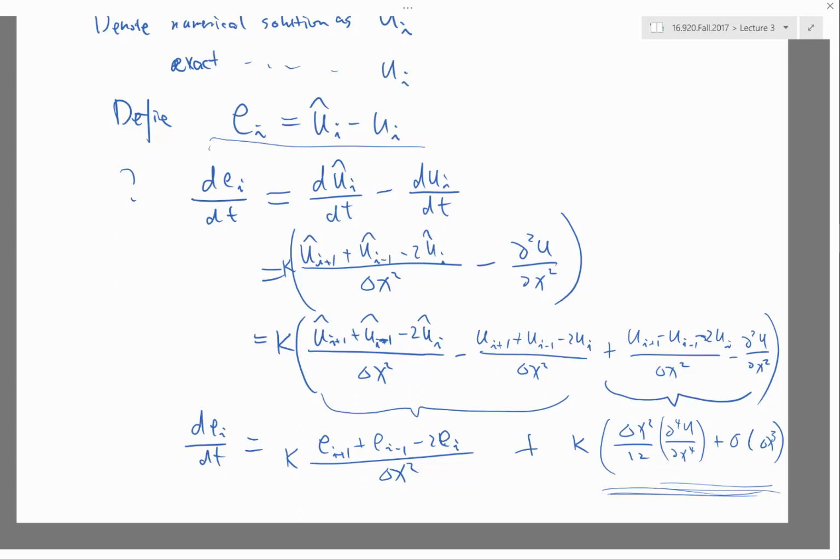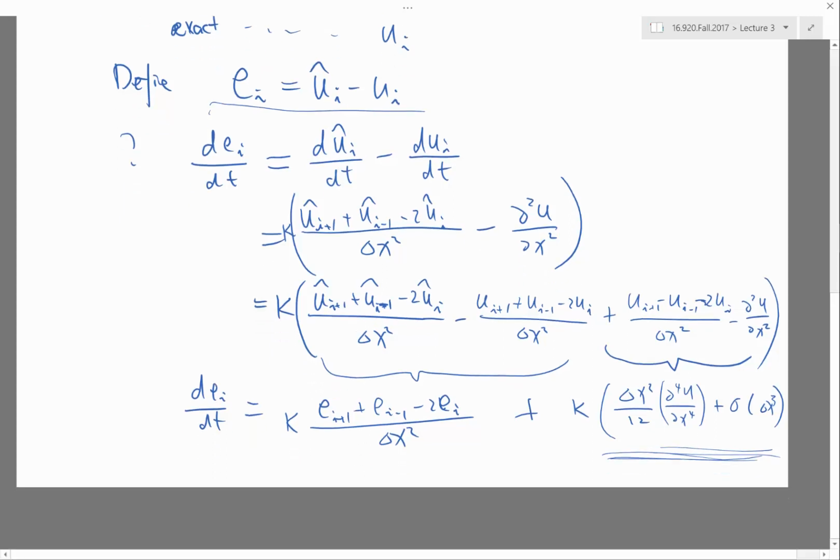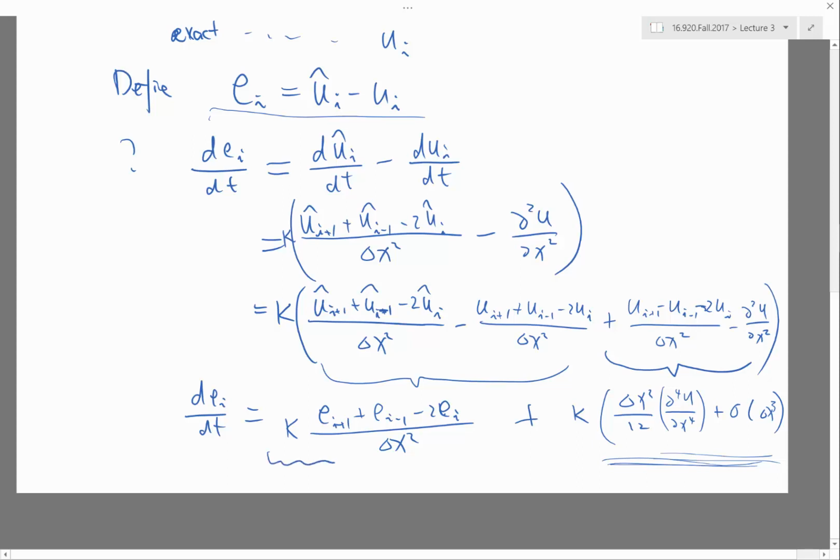So we'll analyze stability more in the next lecture. Basically, when you have a numerical scheme, how do you analyze if it's stable or not. But in this lecture, we are just introducing the idea that doing error analysis on the differential operator is not enough. You also need to know if your numerical scheme is stable or not. And that is basically you need to look at this term.